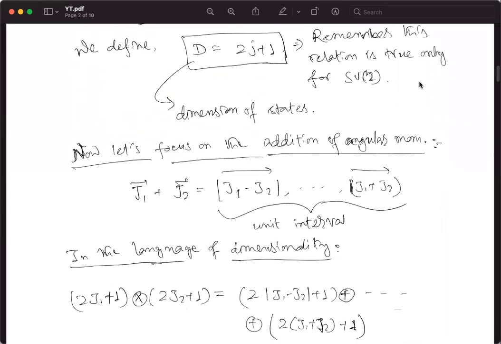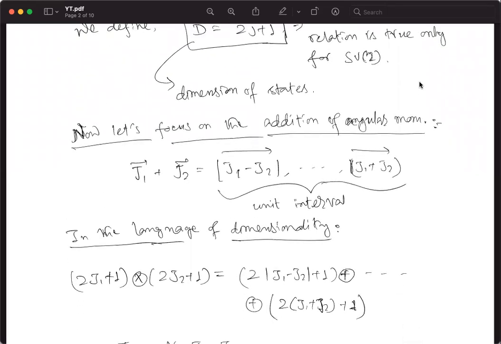Now let's focus on the addition of angular momentum. We know that if we have two angular momenta, J1 and J2, after the addition of angular momentum you get different states starting from the mod value of J1 minus J2 to J1 plus J2, right? So in the language of dimensionality, the J1 angular momentum state is 2J1 plus 1 dimensional, and J2 is also 2J2 plus 1 dimensional.